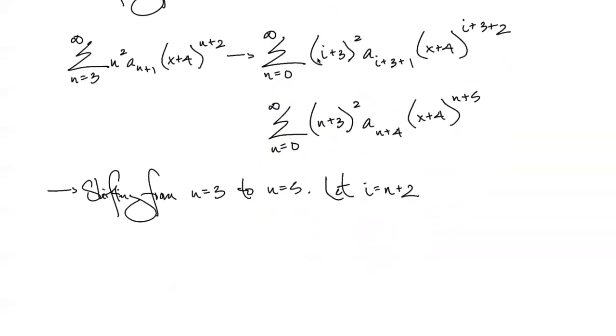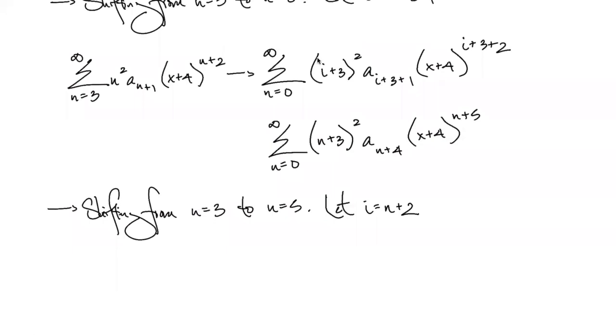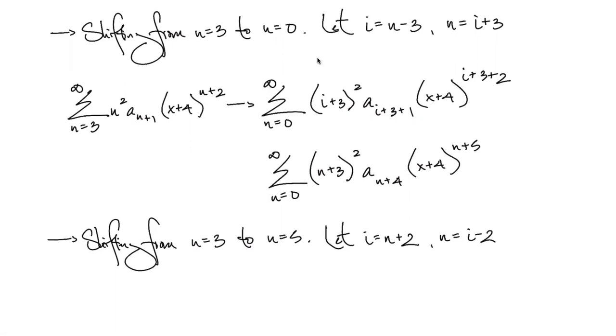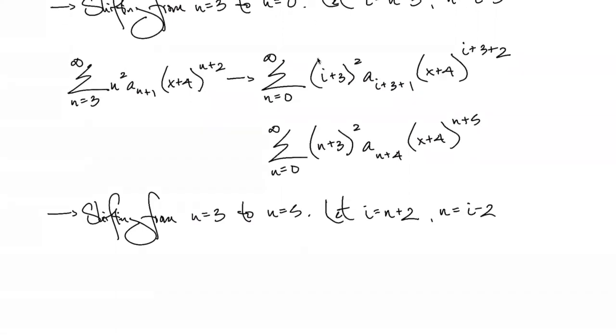All right, so let's do one more here. All right, so we're going to shift from 3 up to 5. And like Elliot said, we can let i equal n plus 2. All right, that means that n could be i minus 2. And now I can go ahead and substitute.